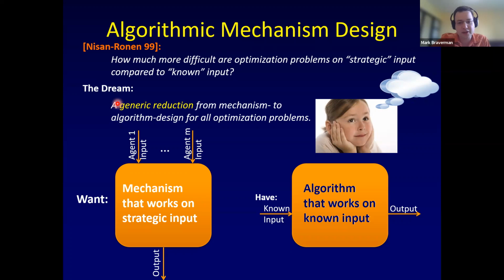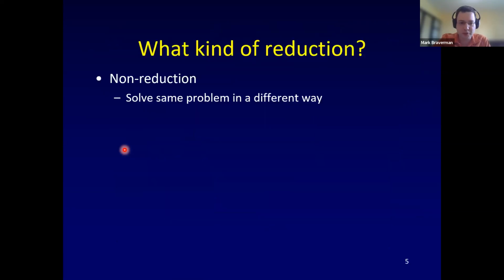So essentially, have a generic black box reduction that takes an algorithm, maybe one we worked very hard on, maybe underspecified, maybe a heuristic, like a machine learning model that we don't fully understand, but that works on known inputs, and turns it into a mechanism that works on strategic inputs, on reports of agents who are interested in the outcome and who will try to manipulate it.